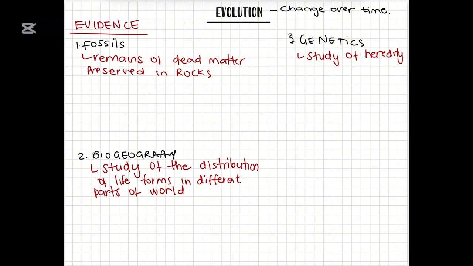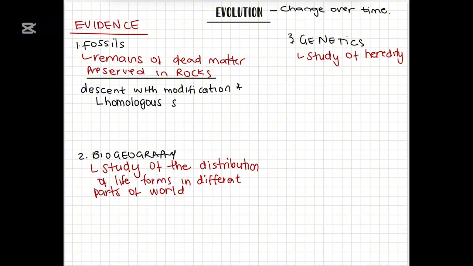Now let's have a look at fossil evidence. We say that fossils are preserved in rocks. What happens here? Scientists study these fossils, and they came up with this term called descent with modification, or some textbooks call it modification by descent. This simply means that structures have been modified over time.